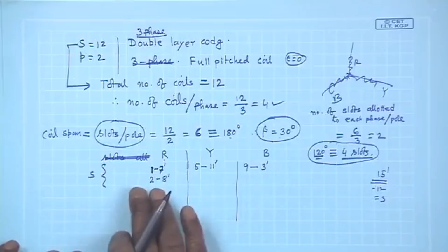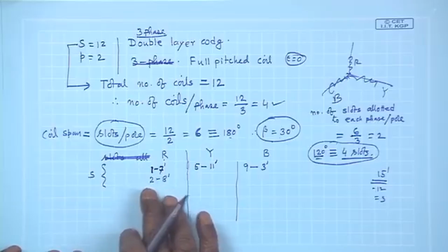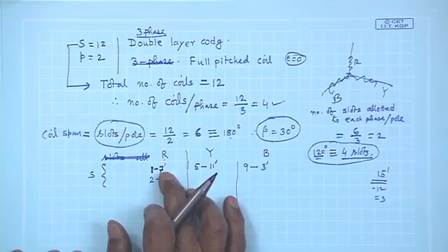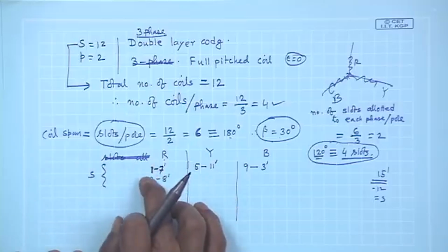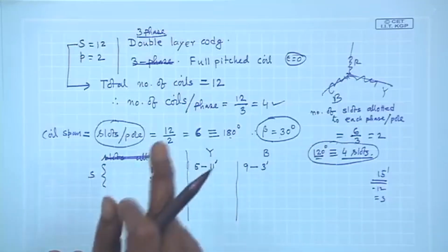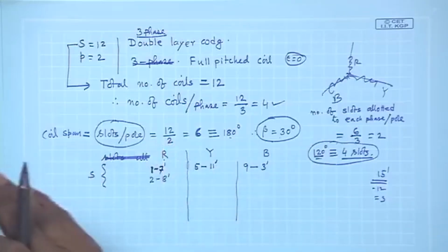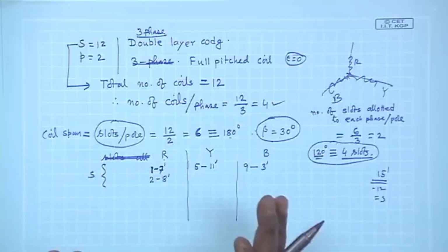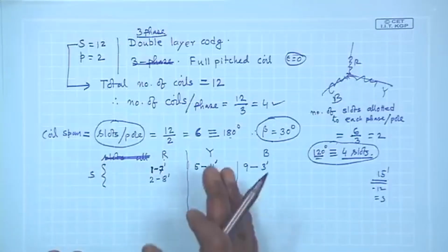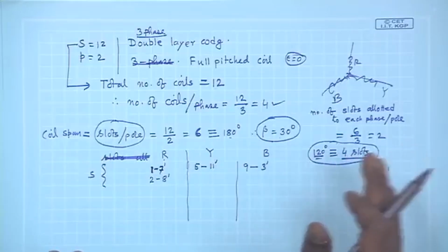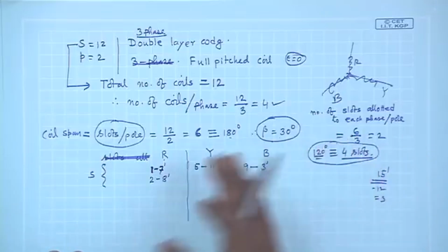Got the point? So 1 7 dashed is the first coil of R phase, then the first coil of Y phase must start. There should be a special shift of Y phase by 120 degree electrical, and 120 degree electrical is equivalent to 4 slots.